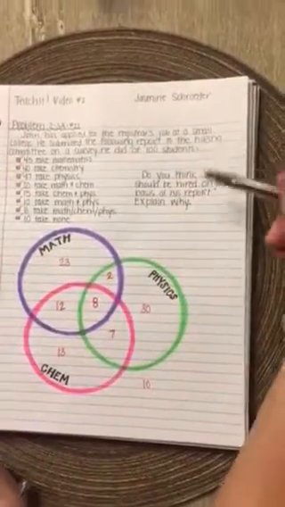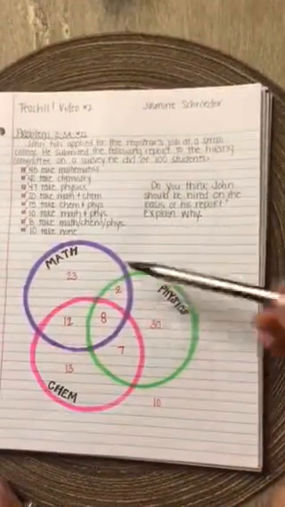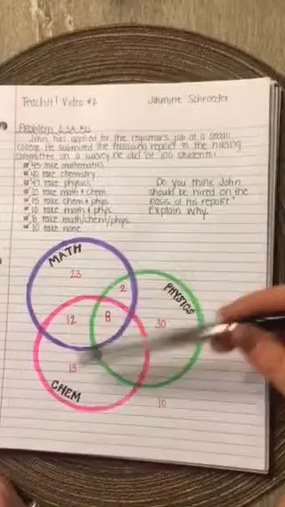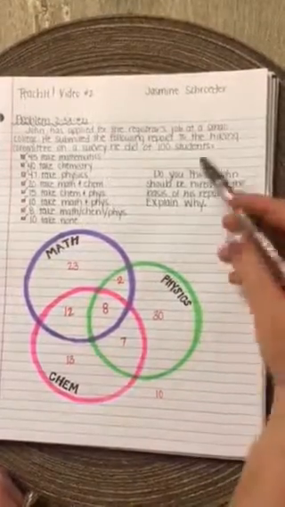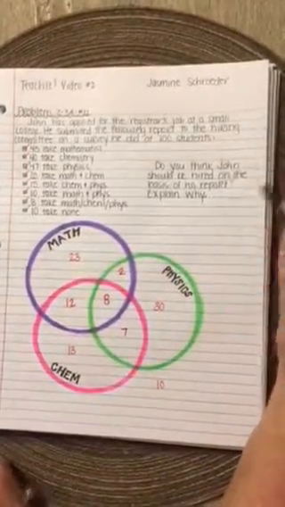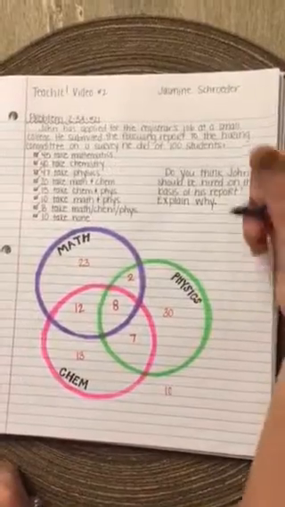So because it said that it's of 100 students, obviously John has a calculation that is off somewhere. So if we're coming back up to here, do you think John should be hired on the basis of his report?